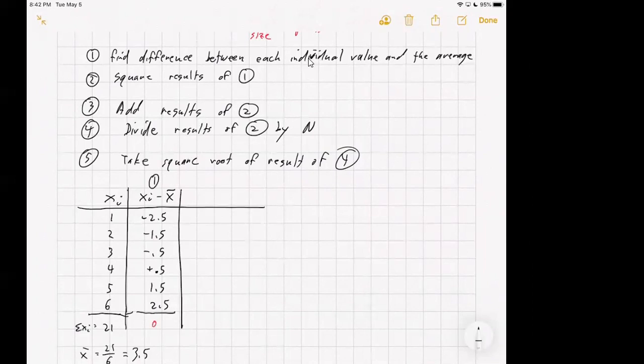We did step 1. For step 2, we need to square the results. So I'm going to write x of i minus x-bar, squared.